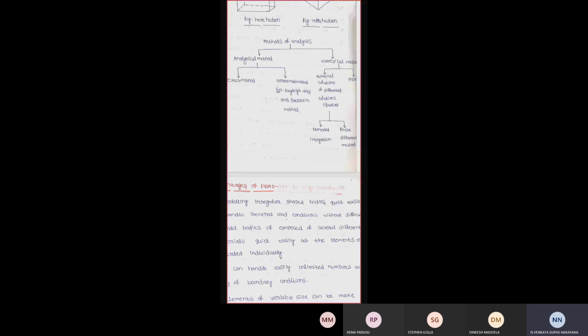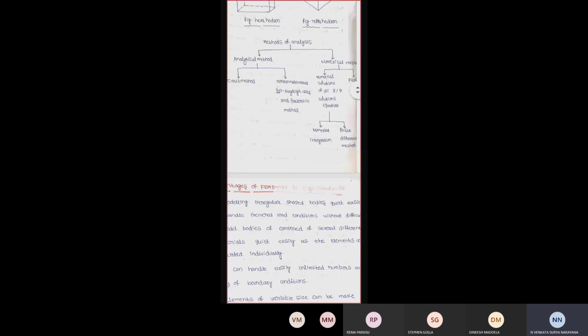Exact method means we are using some conditions, and based on those conditions we solve the problems. The second one is the approximate method. Here we use the Rayleigh-Ritz method, Galerkin method, and some other methods. Every method has some equation. The Rayleigh-Ritz method has some equation, the Galerkin method has some equation, and the weighted residual method has some equations. Based on those methods and equations, we solve the problem.